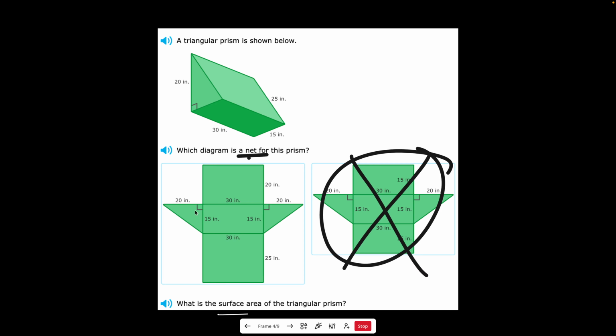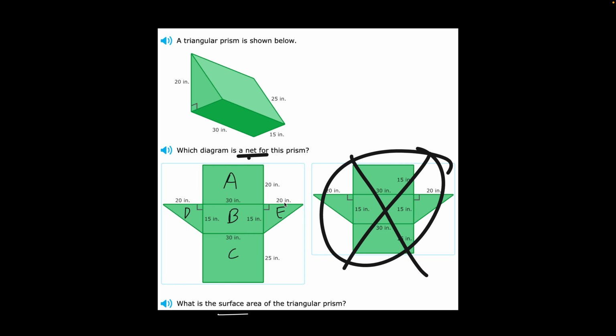Let's call the rectangle at the top rectangle A, then you have rectangle B, rectangle C, and then we have triangle D and triangle E. Really all you're doing is finding the area of each of these and adding them all together. The surface area is just the area of a three-dimensional shape rather than a two-dimensional shape.